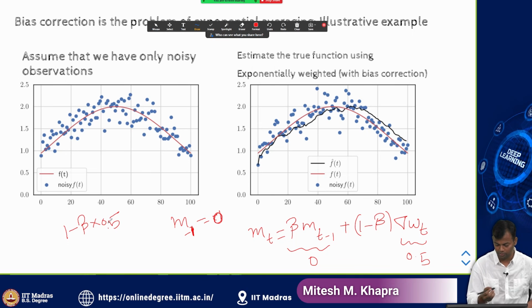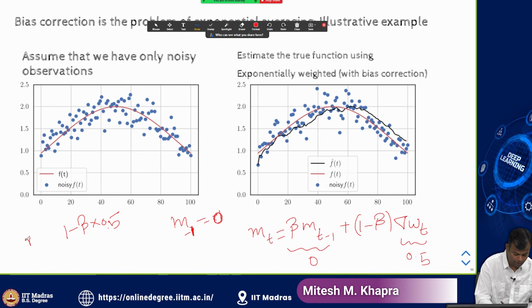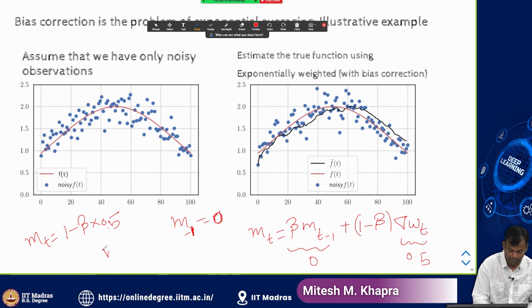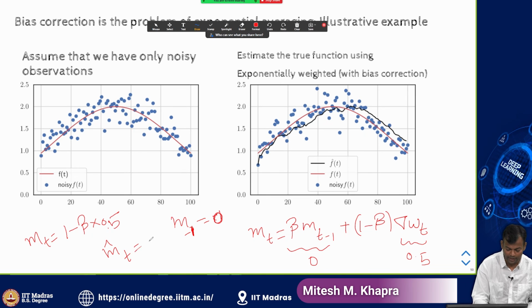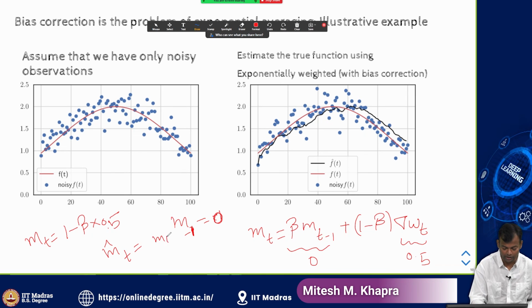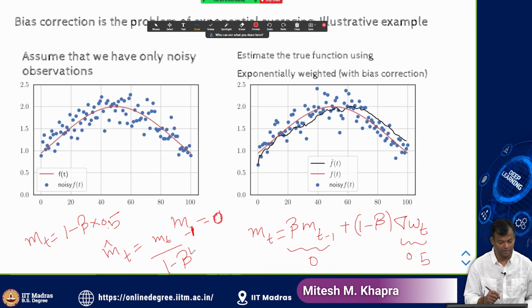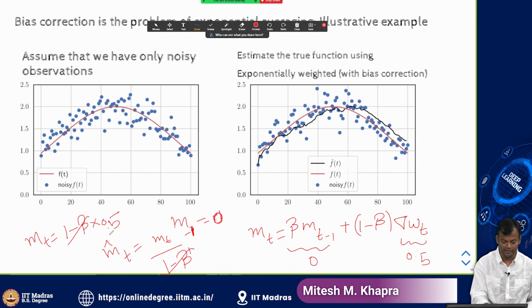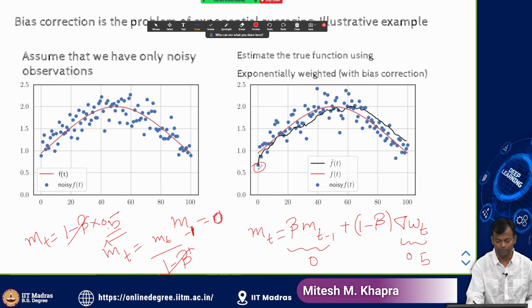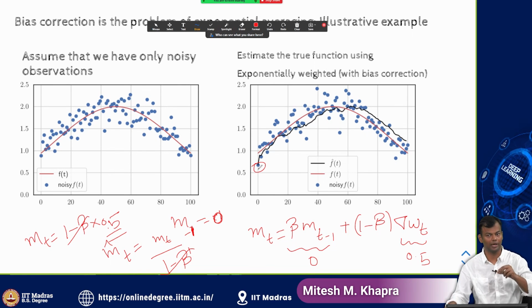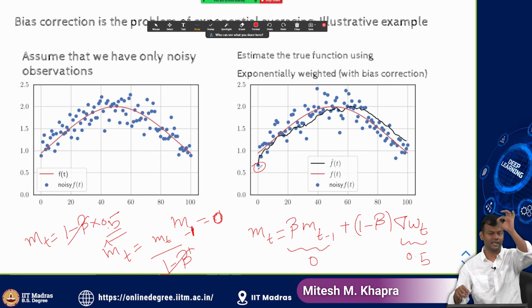That's what my mt is going to be, and my m hat t, which is the bias corrected value, is going to be mt divided by 1 minus beta raised to 1 in this case. And so now these two factors cancel and I get 0.5, and hence my approximation is close to the true value. And now it stays like that.